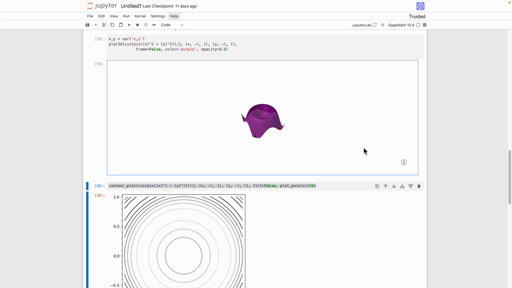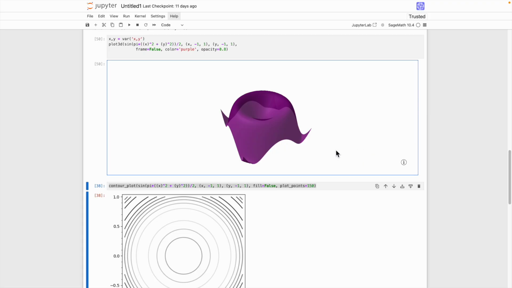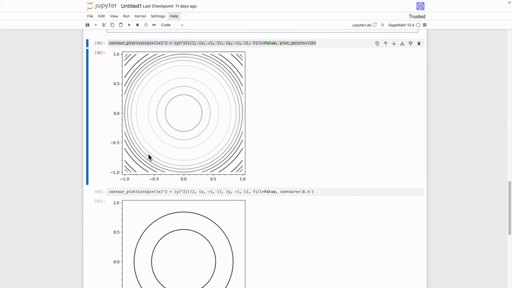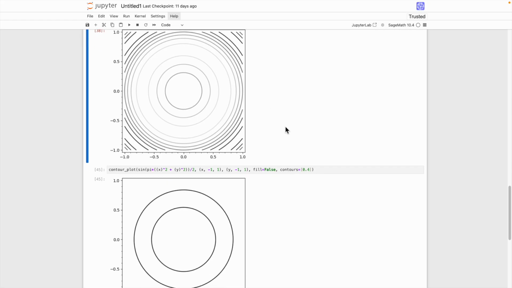And if you consider the collection of all the different level curves, not just for 0.4, but 0.3, 1, any possible number here, then you will get what is called the contour plot. So the contour plot is the set of all the different level curves of the function.